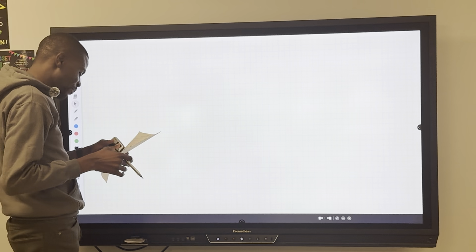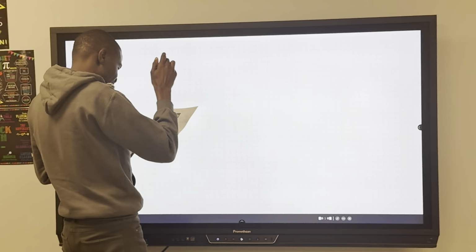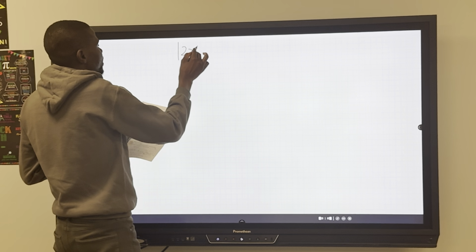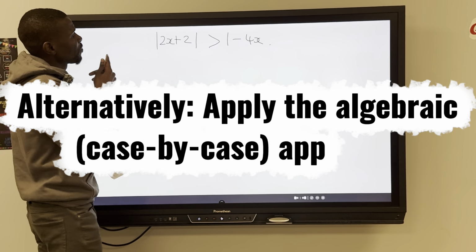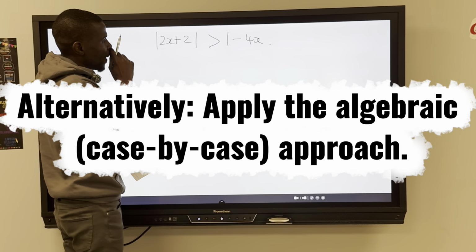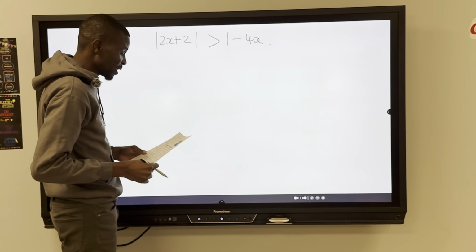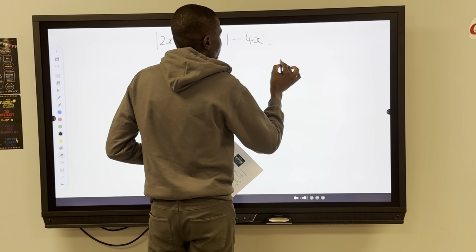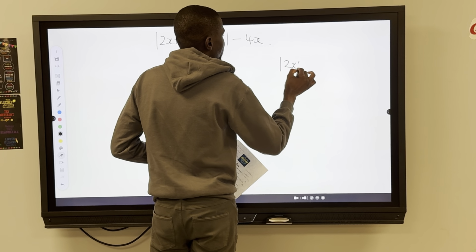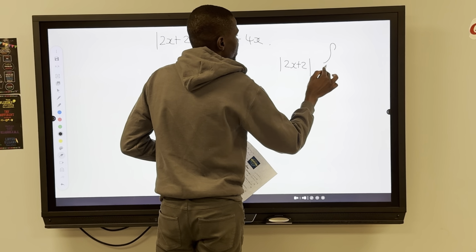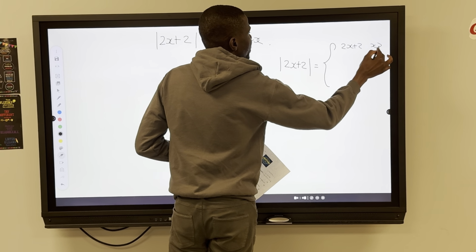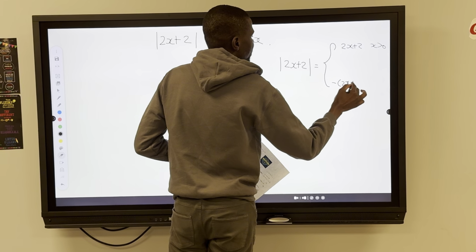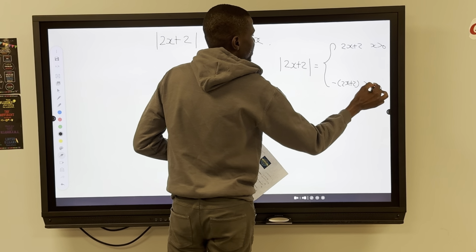All right. So in algebraic terms now, we are given this absolute value of 2x plus 2 is greater than 1 minus 4x. Okay. So now the second method that we're going to use has two cases that we need to consider. But remember, absolute value of 2x plus 2 simply means 2x plus 2 when it is greater than or equal to 0 and the negative of that when it is less than 0.